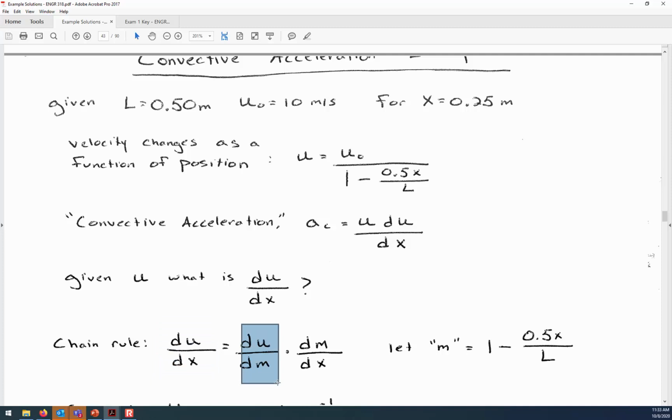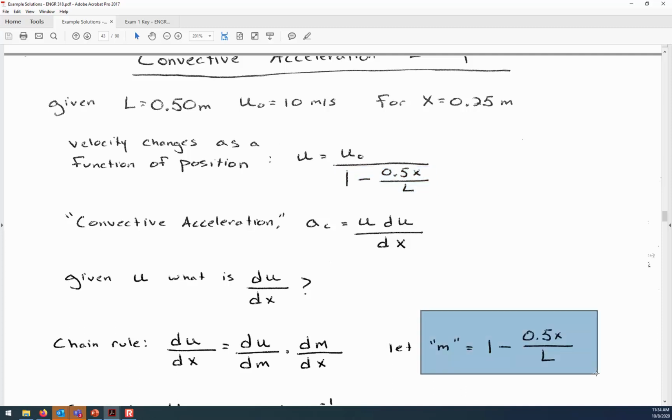And what we're going to do is assign the entirety of the denominator. We're just going to call that m. And so I'm going to take the derivative of our velocity equation with respect to m and then dm dx. So it's just a temporary substitution.